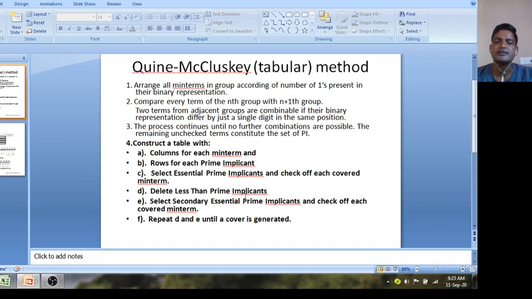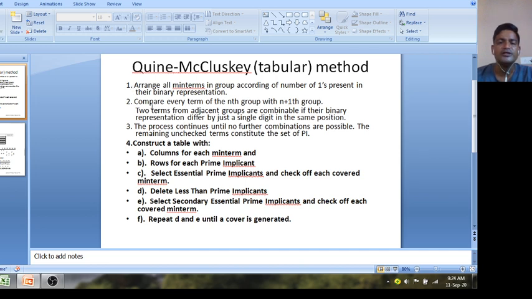In this, there is a procedure. The first point is you have to arrange all the minterms according to the number of ones present in the binary representation. Then you will compare every nth group with the next group, meaning the n plus 1 group.